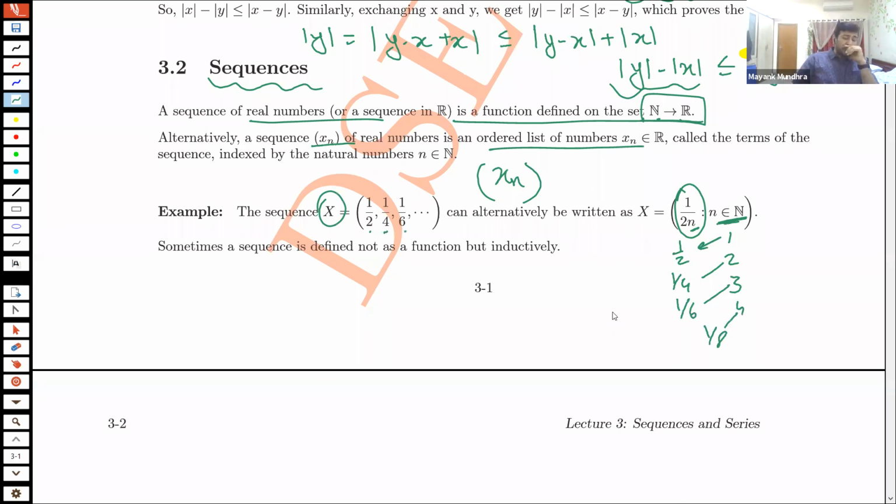So sometimes you can write it as a formula. Sometimes you might not be able to write it as a formula. For example, the average temperature of Delhi on any day. So this is an infinite sequence.